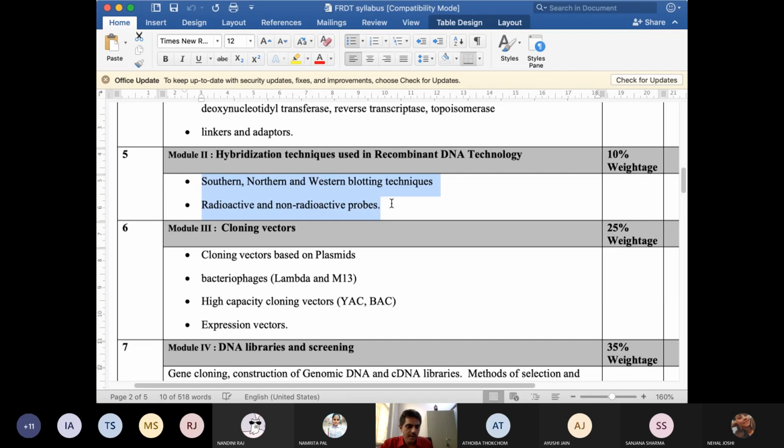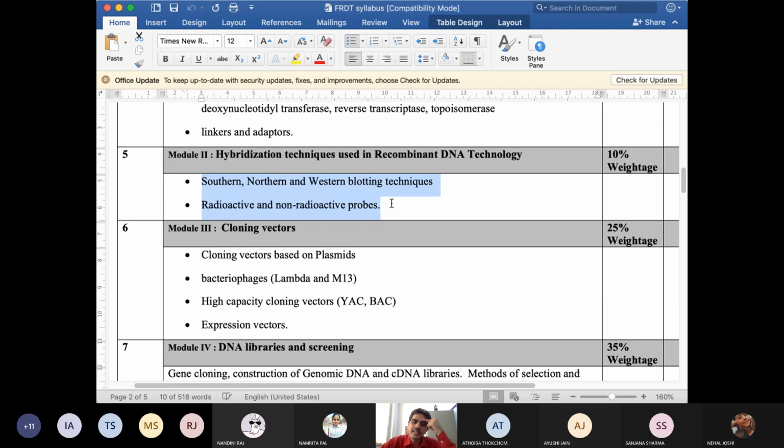Now coming to how the names of these technologies came about. Why do we call them Southern, Northern, Western? The first discovered technique is Southern blotting, and the name Southern comes from the name of the scientist who discovered this technique. But the others, Northern and Western, just came by analogy.